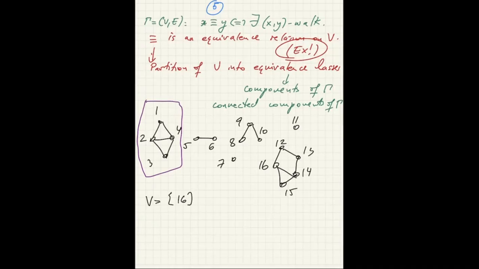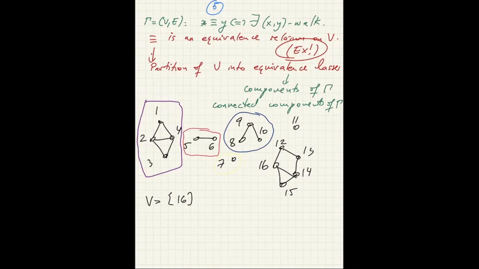Then another component will be 5 and 6. Then we have 1, 8, 9, 10. And then 7 is by itself, its own component.